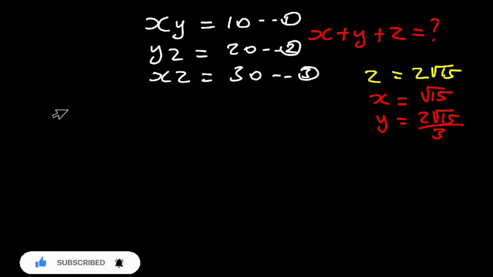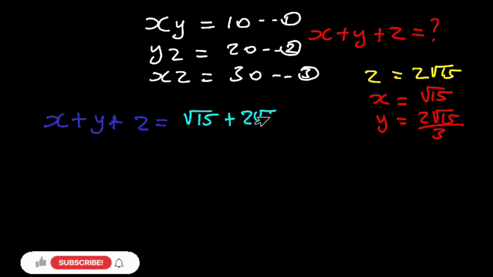So we're going to have that x plus y plus z is equal to x is root 15, plus y is 2 root 15 over 3, plus z is 2 root 15.